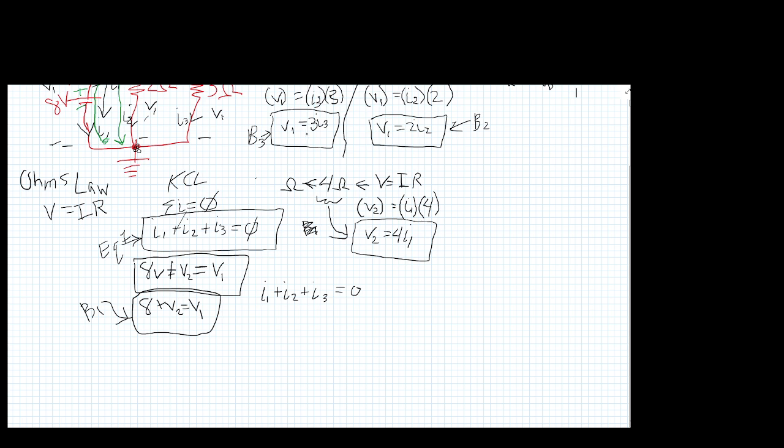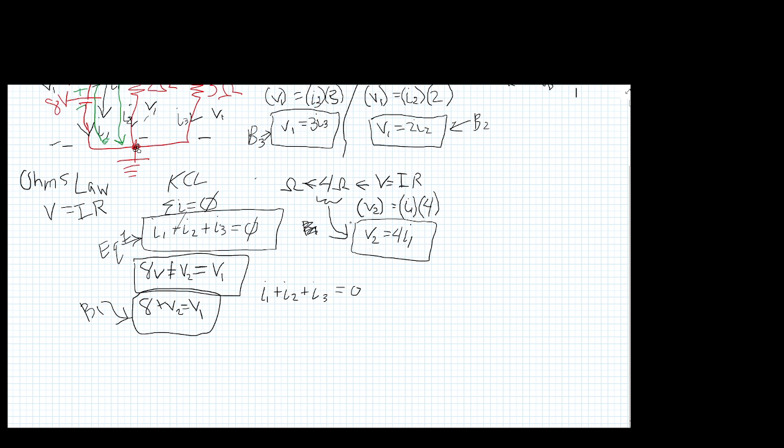So here is I sub 3 in terms of V1, and we have I sub 2 in terms of V1, and we have I sub 1 in terms of V2. I don't really like that we have a V2. So unfortunately, it seems like we have 4 equations, 1, 2, 3, 4 equations, and maybe like 4 unknowns, 4 or 5.